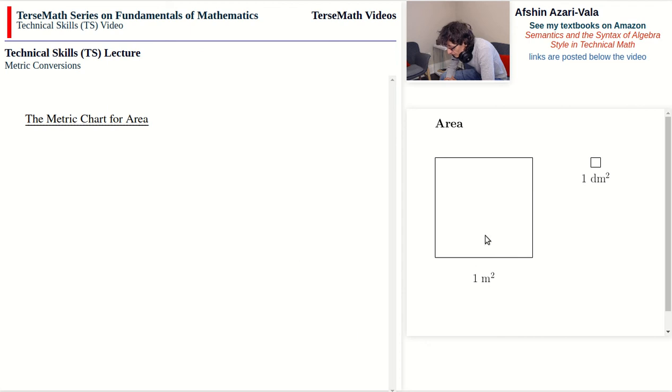Now 1 square meter is the area that this square encloses. But keep in mind that the shape doesn't have to be a square. You could have some kind of a blob, and if the area that's enclosed by the blob is the same as the area that's enclosed by this square, we say that the blob has an area that's 1 square meter. And by that we mean that the area of the blob is the same as the area that's enclosed by 1 square meter, by a square like this one.